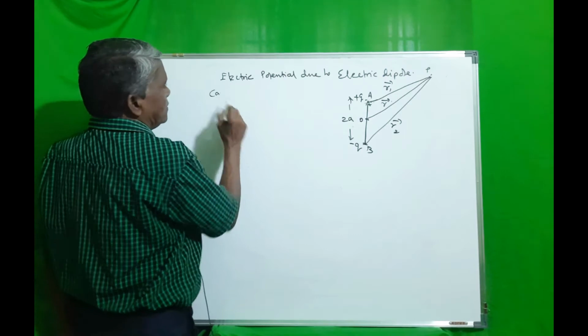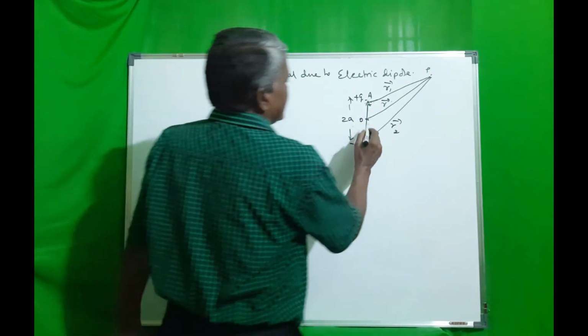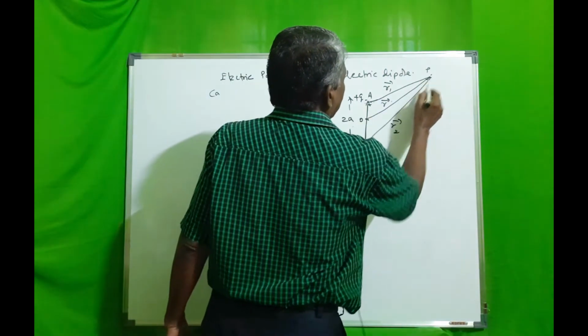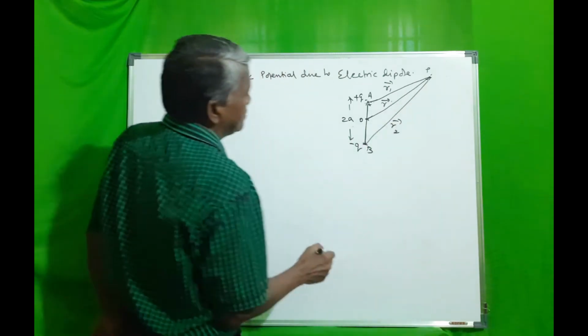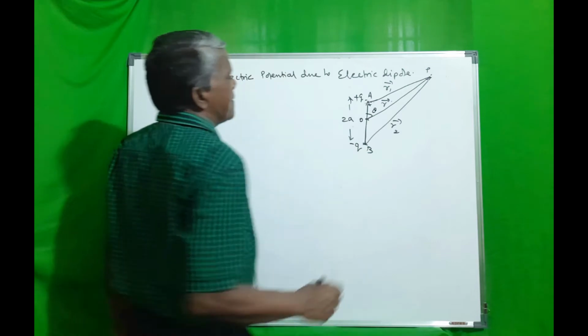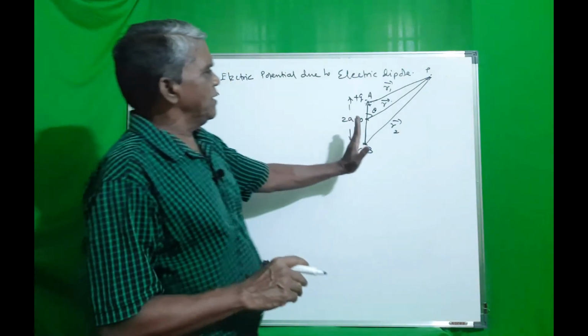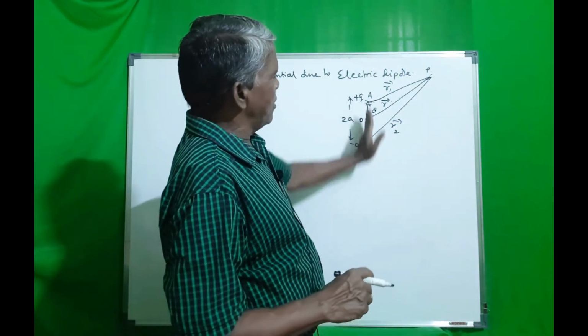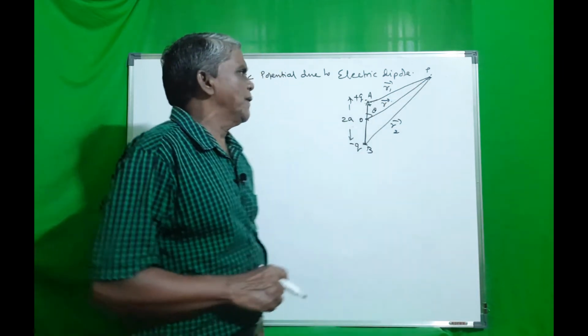Let theta be the angle between the dipole moment vector and the position vector of the point.